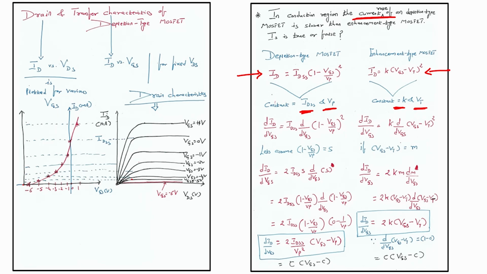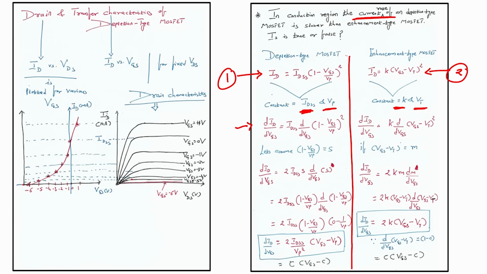So, let us call this equation 1 and the other equation 2. We are deriving from 1. If you see further, dID by dVGS equals IDSS, which is constant, times d by dVGS of 1 minus VGS by VP whole square. Let us look at this side first.